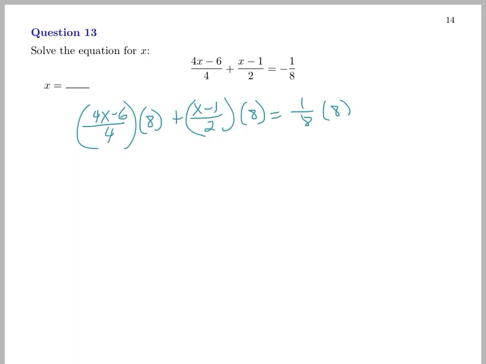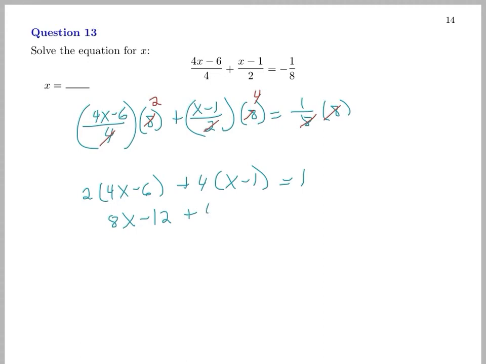And 8 over 4 is 2, and 8 over 2 is 4, and 8 over 8 is 1. So I have 2 times (4x minus 6) plus 4 times (x minus 1) equals 1. So 8x minus 12 plus 4x minus 4 equals 1.